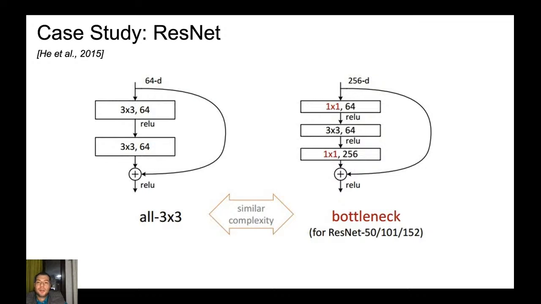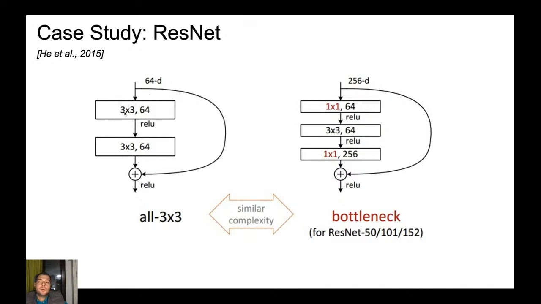Okay, another trick that they used in their architecture to reduce the number of parameters was to replace succeeding convolutional layers of 3x3 filters with convolutional layers with 1x1 filters.